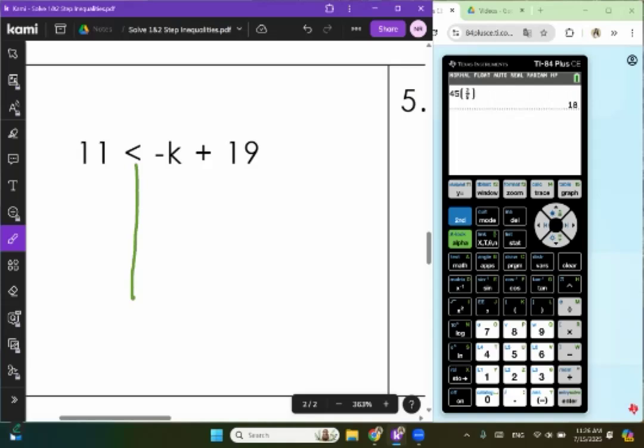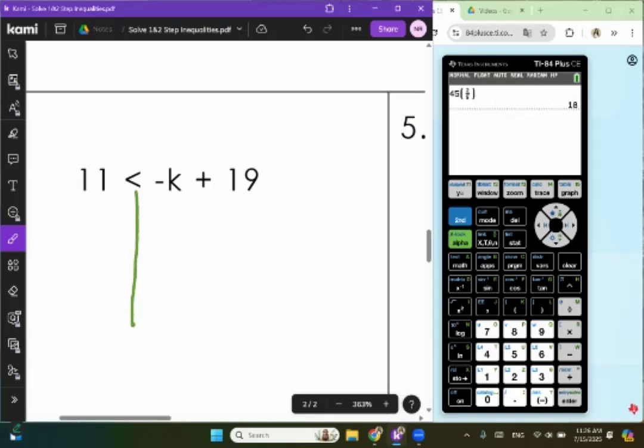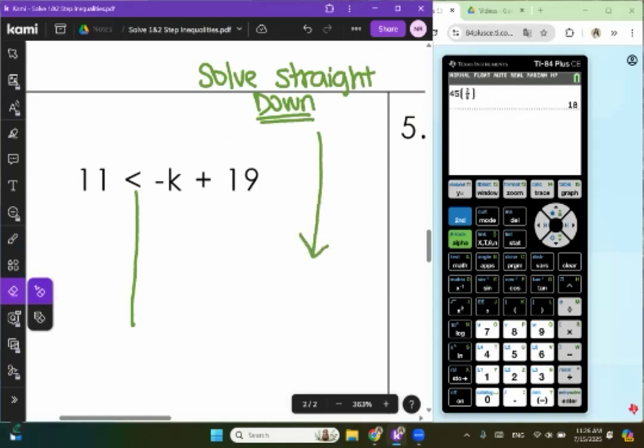So we're going to actually write that. You want to solve straight. And I'll show you what I mean by that in a little bit. You want to solve straight down. Don't try to move your variable to the other side.